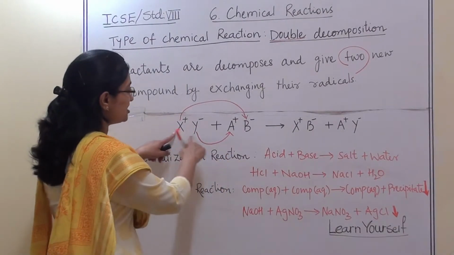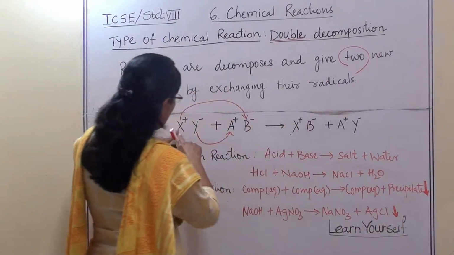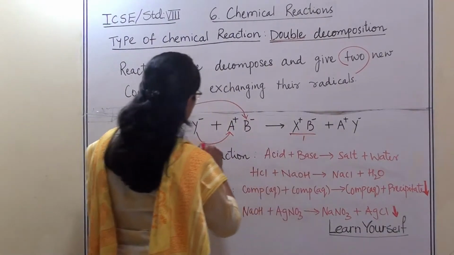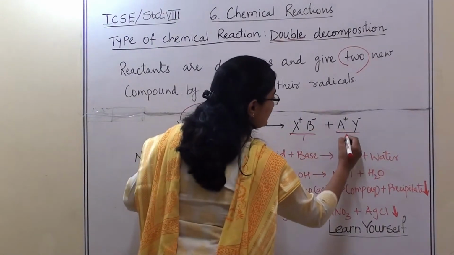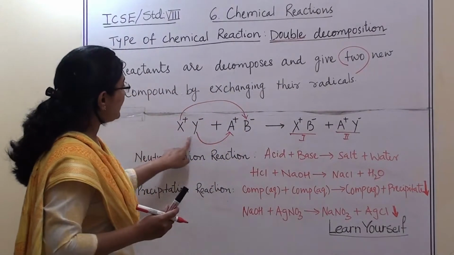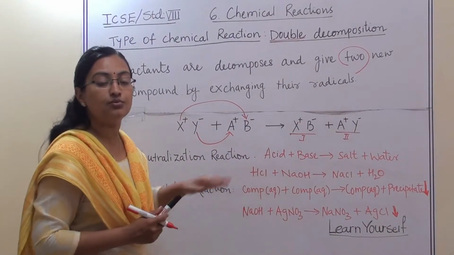So they are exchanging like this, and as a result we are getting X+B-. This is one compound, and the second one is A+Y-. This is the second compound. So both reactants have been decomposed.